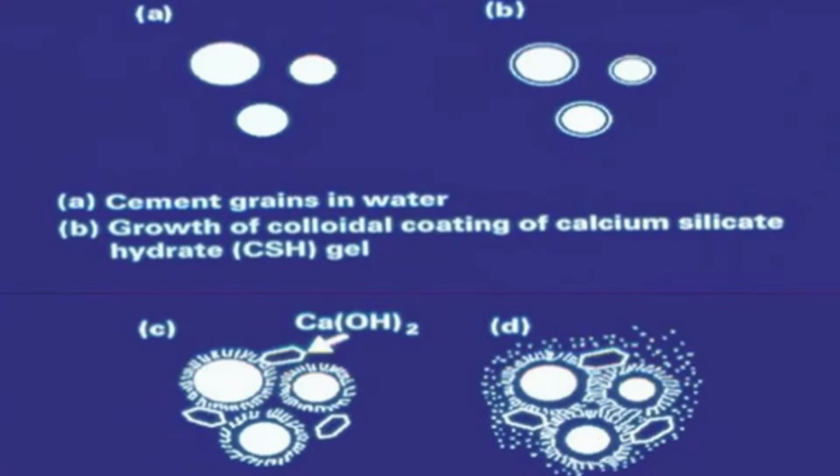Now we are going to see the properties of CSH and Ca(OH)2. When C3S reacts with water, the end product is CSH. When C2S reacts with water, the end product is also CSH, which then makes a higher amount of CSH, the gel responsible for bonding. This CSH makes about 50 to 60% of the volume in a hydrated cement paste, and that's the reason it is responsible for bonding.